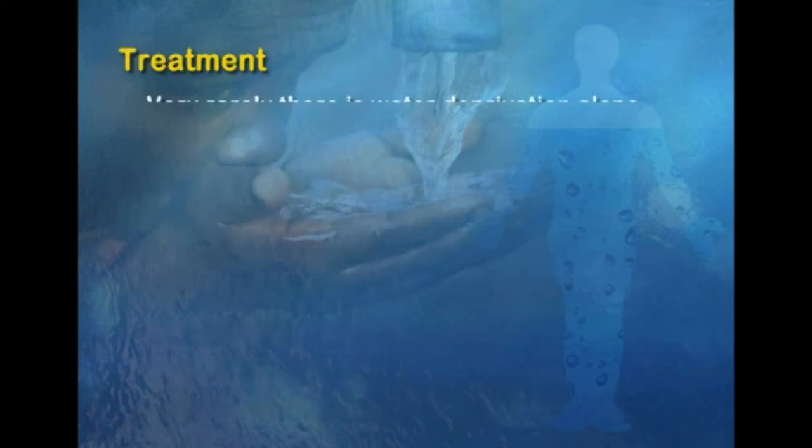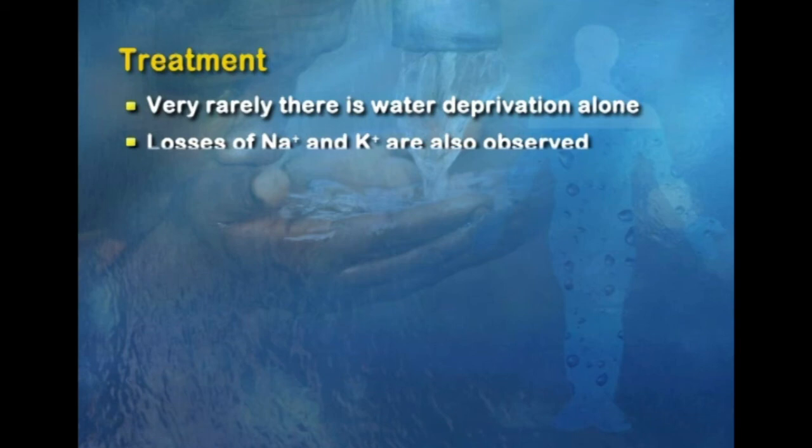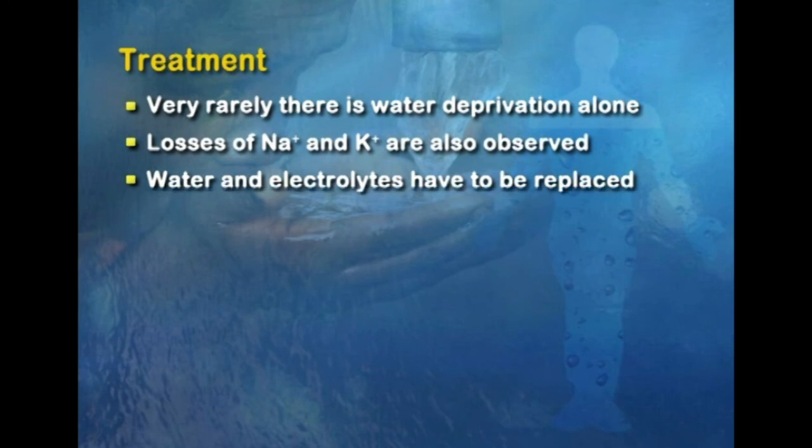Treatment: very rarely we come across a case where there is only water deprivation. Very often we also see that there is a loss of sodium and potassium along with water deprivation. Water and electrolytes have to be replaced in appropriate amounts. Household conditions provide us with many easy ways to substitute these things.